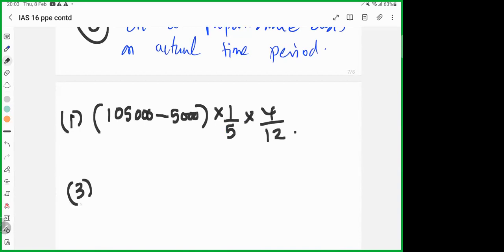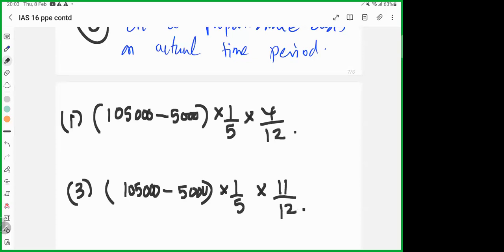Year 3: 105 minus 5 into 1/5 into 11/12. So, got it clearly? Clear?